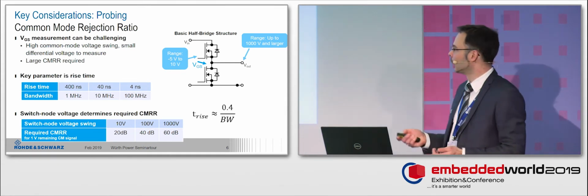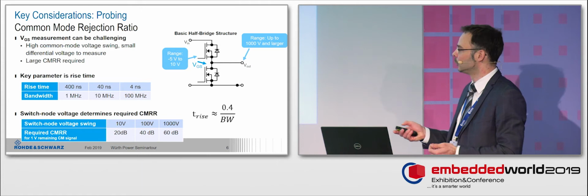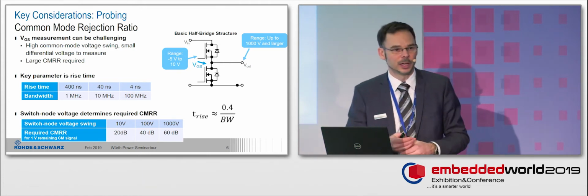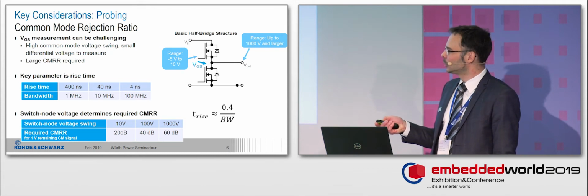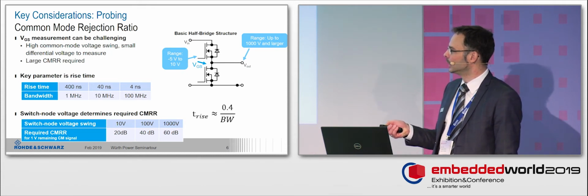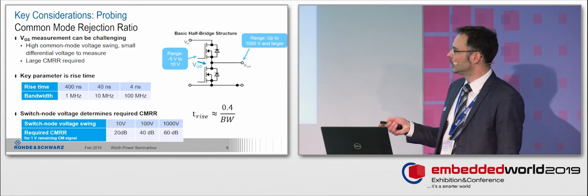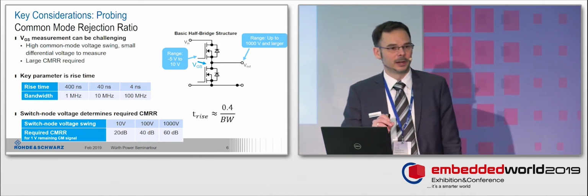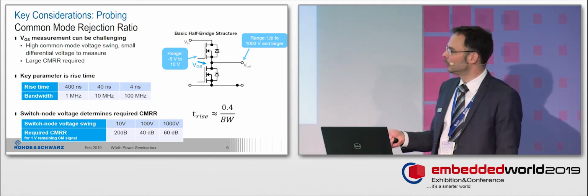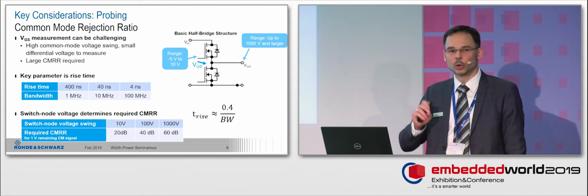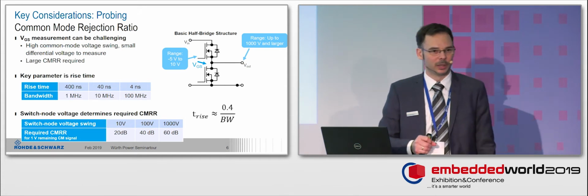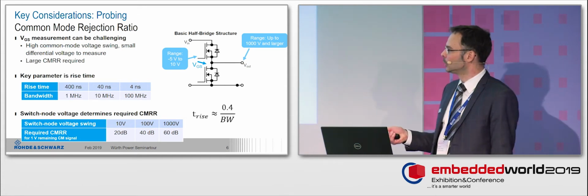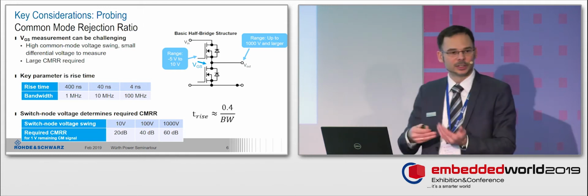I'm using this kind of estimation, which is fine for this consideration. Then you have to think about what common mode rejection ratio you need, and this depends on the switch node voltage swing. Given that you say 1 volt disturbance on the gate is something you can tolerate, you would come to common mode rejection ratios of 20, 40, or 60 dB.